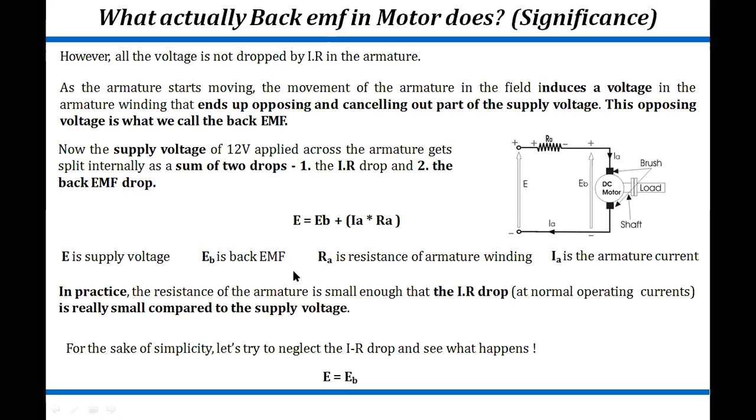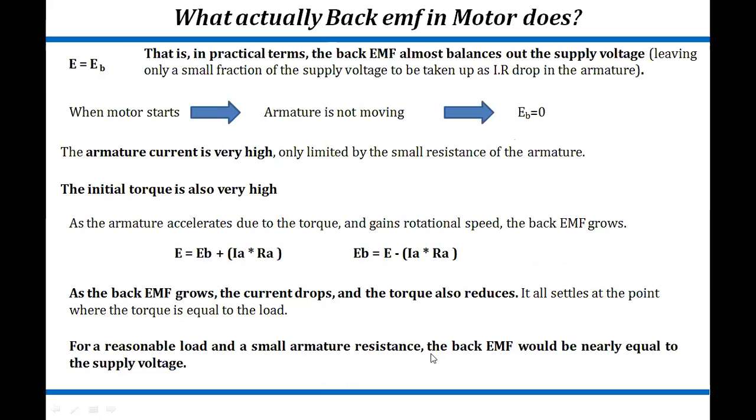So if the resistance of the armature is small enough, we can take the IR drop as very small compared to the supply voltage, and you can equate the supply voltage with the back EMF. For the sake of simplicity, we are neglecting the IR drop, so we get E equal to EB.